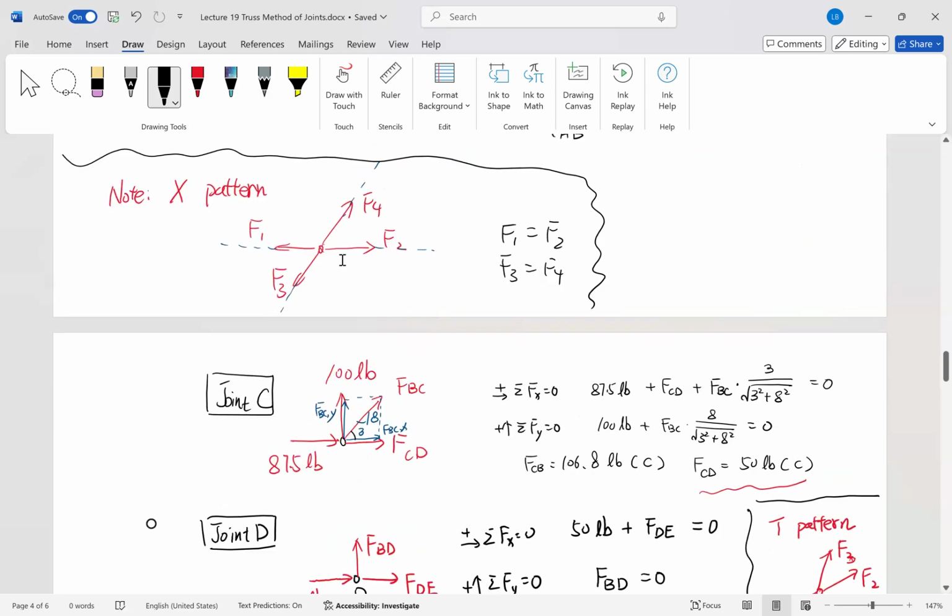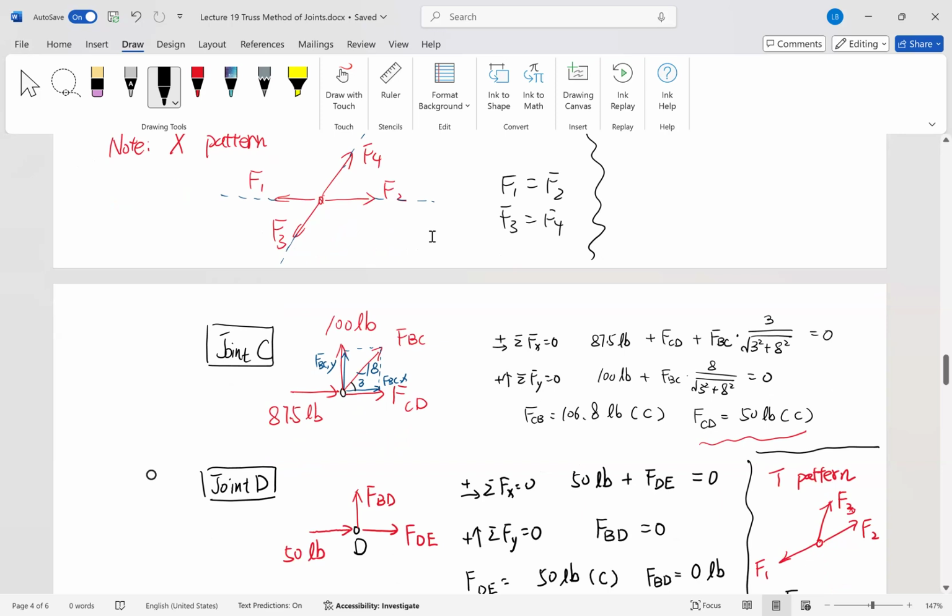Because in an X pattern, we see that F1 and F2 are collinear, and F3 and F4 are collinear. Specifically, F3 equals F4 and F1 equals F2, right? And in an X pattern, if you have F4 equals 0, doesn't it boil down to a T pattern?